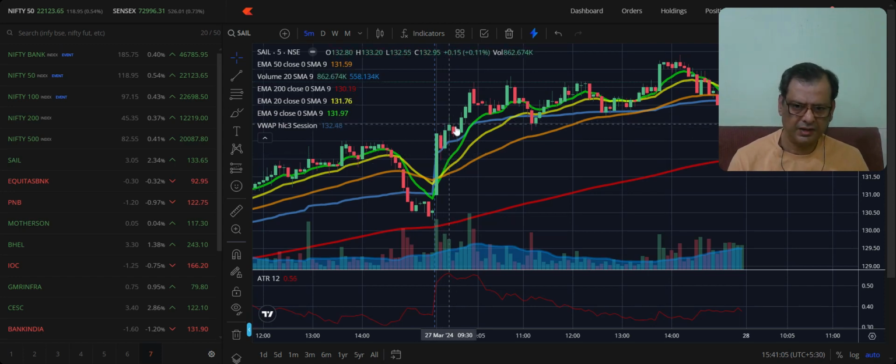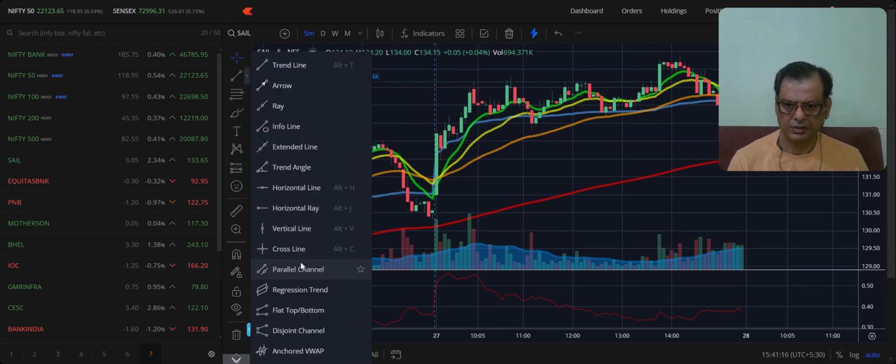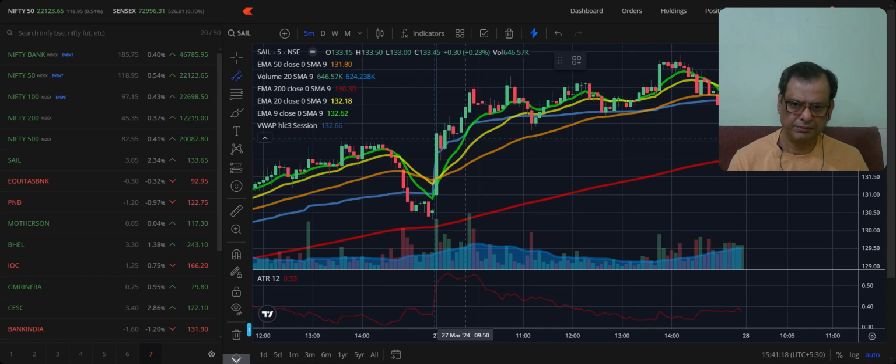If you see here, let me show you, almost like a bull flag. Okay, so you almost have a bull flag here. So we could have taken this one.